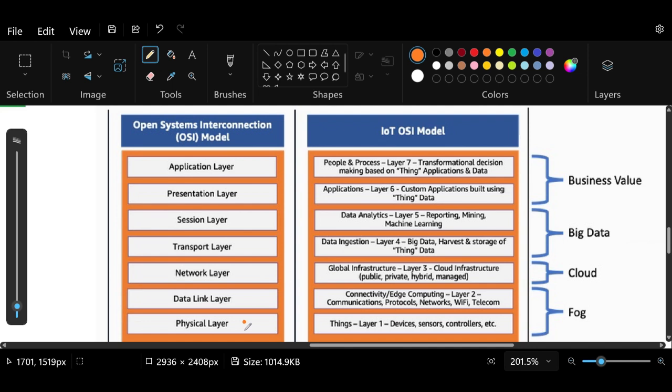And as we go up the layer, really what we need to think about is that we are moving away from the hardware and toward things that are a lot closer to what humans could readily understand. So we got the physical layer, data link layer, network layer, and so on and so forth here.